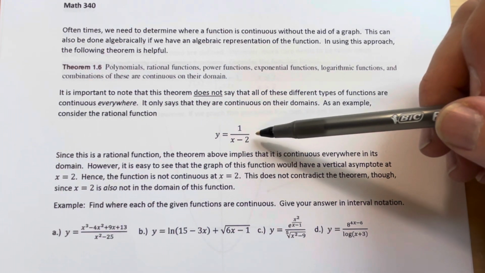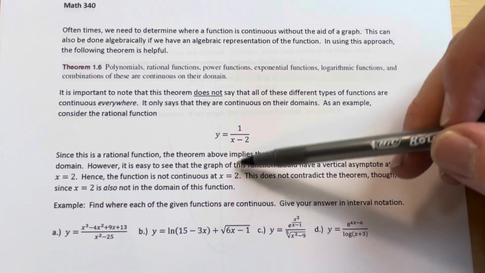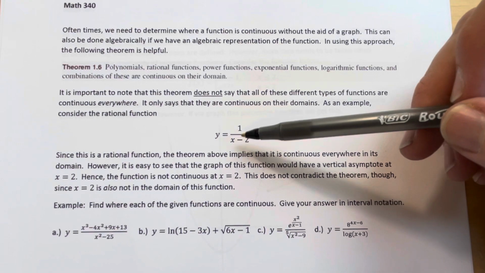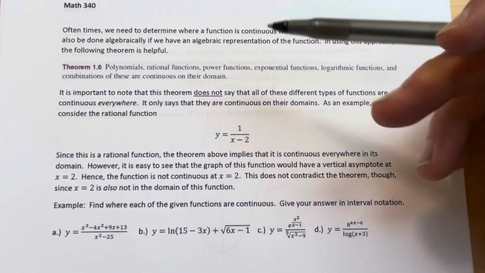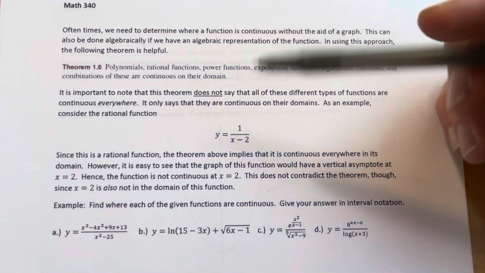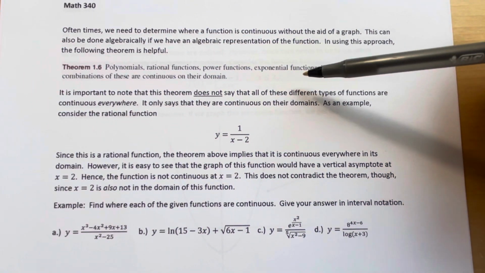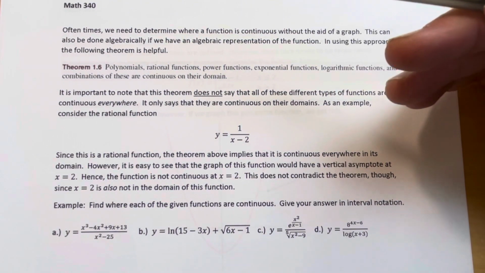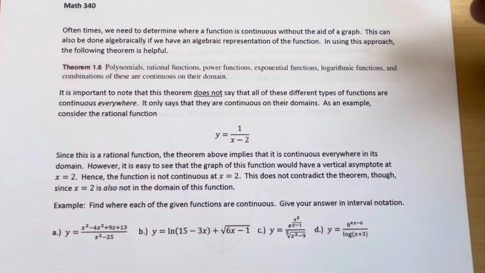So this is not defined at 2, and therefore it's not continuous at 2. But that's actually the only value for this function that we can't use for x. It's defined for all other values of x, and according to this theorem, that would mean that it's also continuous for all of those values of x. So determining whether a function of the type being described in this theorem is continuous or not is a question of just finding its domain.